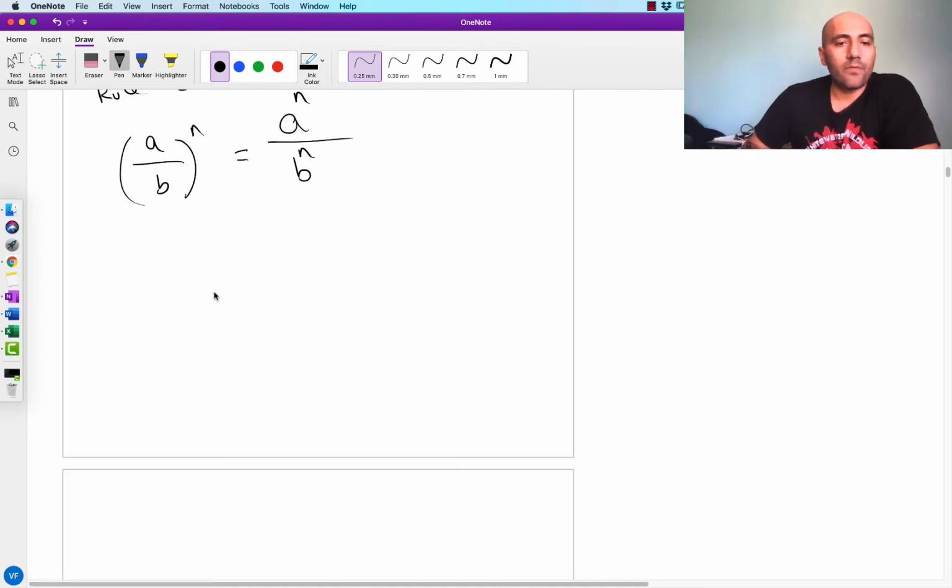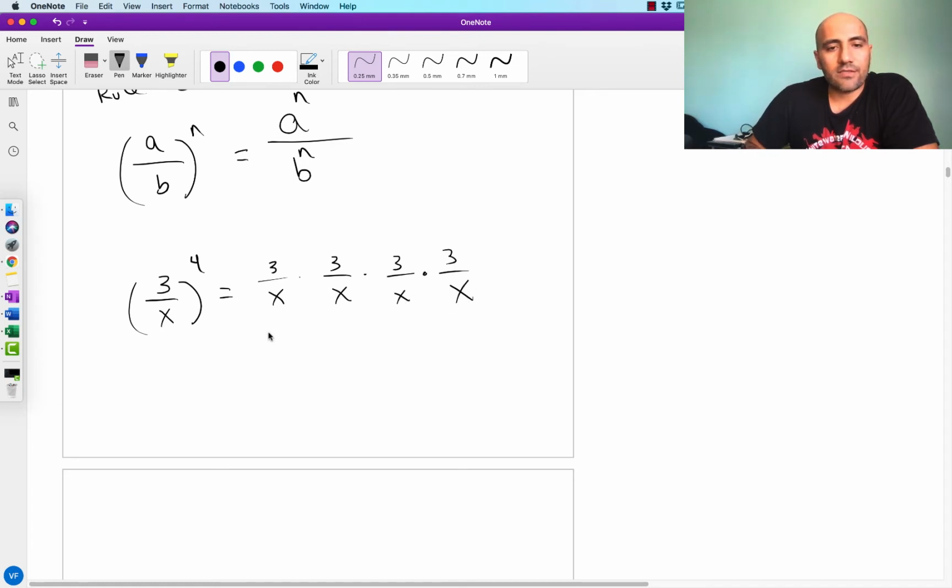For example, if we had 3 over x and the whole thing is being raised to the power of 4, then this 4 is saying that we repeat this 4 times, so there would be 3 over x times 3 over x times 3 over x times 3 over x. 1, 2, 3, 4 different times.